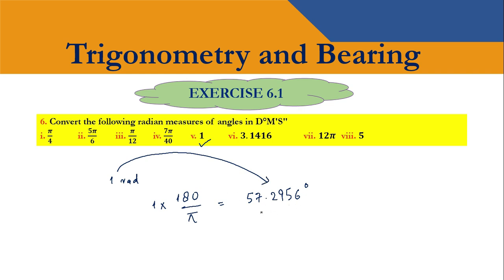We have to represent this in DMS. To do that, 57 is the integral part, keep it as degrees, and our fractional part, our decimal part, 0.2956 degrees should be converted into minutes and then into seconds. To convert that, multiply this decimal part by 60. This will convert it into minutes.